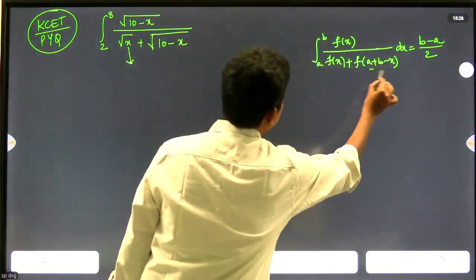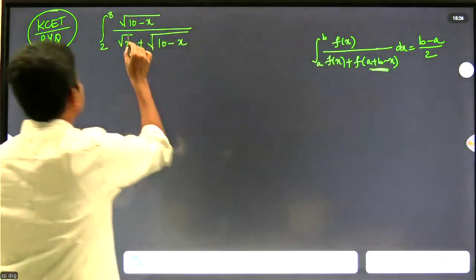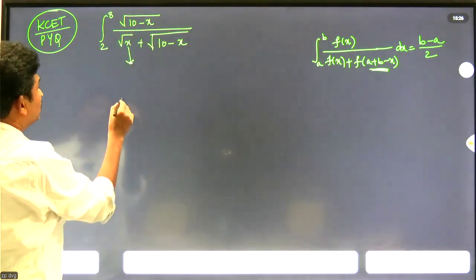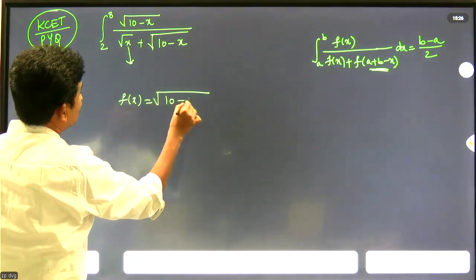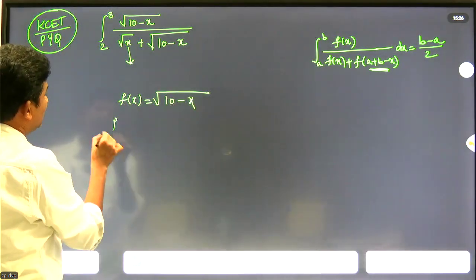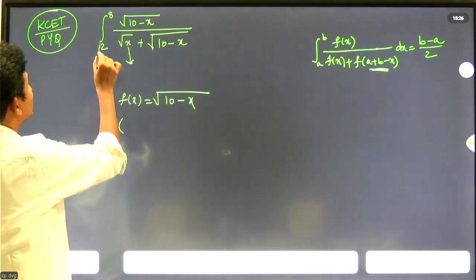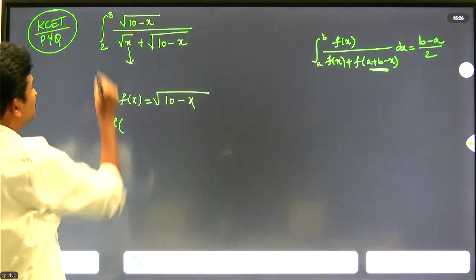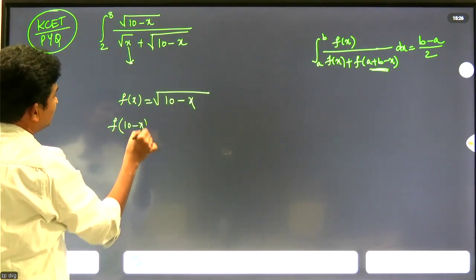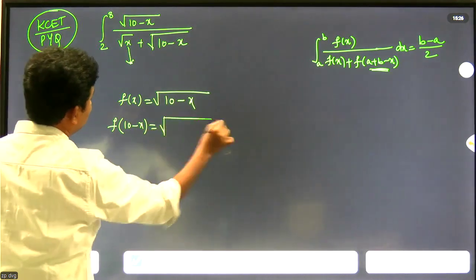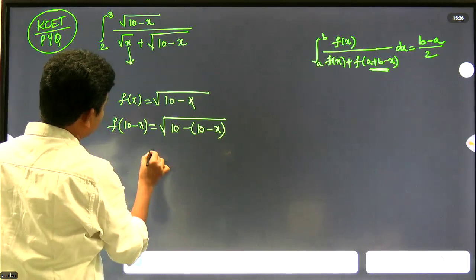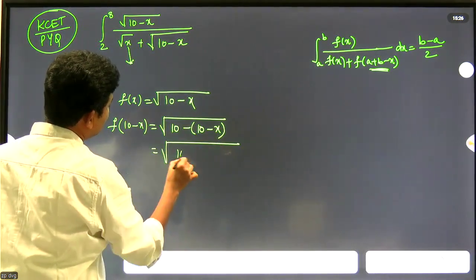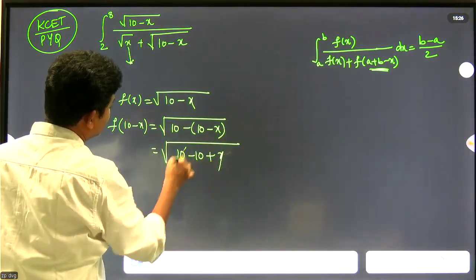In place of x, a plus b minus x is there. Now, what is f of x here? f of x is root over 10 minus x. You just calculate f of a plus b minus x. a plus b, 2 plus 8, 10 minus x. In place of x, you just write 10 minus x. What will this become? Root over 10 minus 10 plus x.